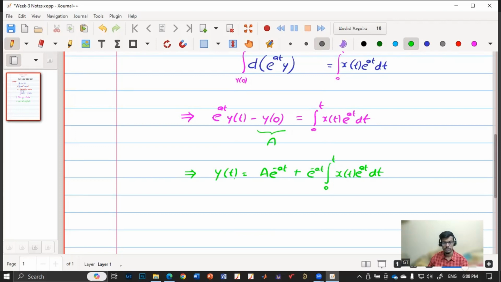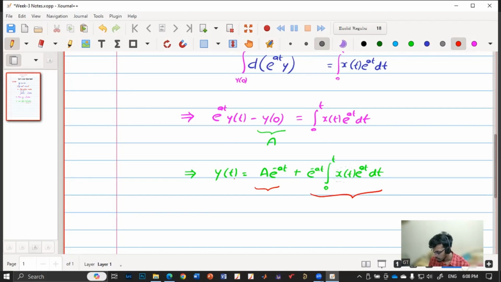Yes, sir. I have taken the a on the RHS side and multiplied with e to the power minus at on both sides. So now here I can see two things. One is this one and one is this one. If I put x of t equal to 0, say there is no input, then my y of t is equal to a into e to the power minus at, right? Because here I can see x of t is there.